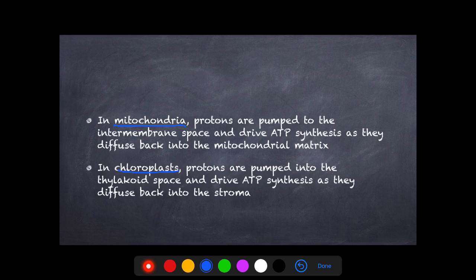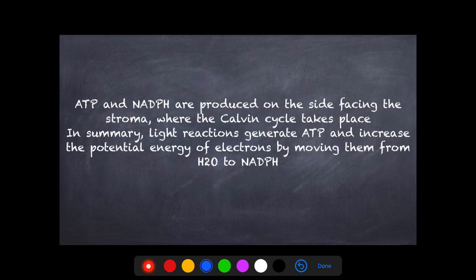So there's two different methods occurring, whether it's the mitochondria or the chloroplast. So remember the two differences between a mitochondria and chloroplast, and which one has intermembrane space and which one has the stroma and the thylakoid space. Because those are going to be important when you're defining how each of them drive ATP synthesis.